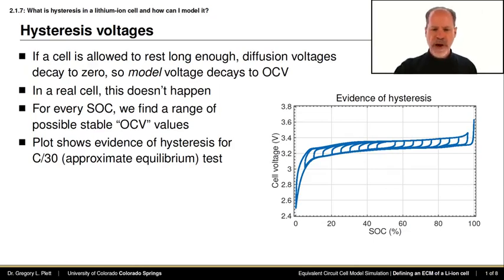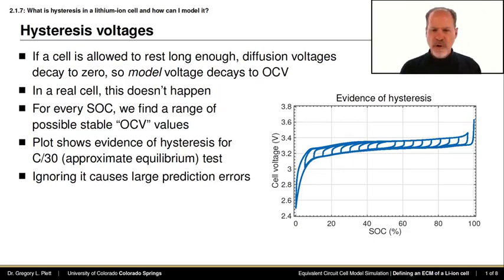So we didn't find an exact open circuit relationship. In fact, we see that there's a range of values for this open circuit relationship. In this case, in the mid-SOC region, between about 3.25 and 3.35 volts, about 100 millivolts difference, which is quite a bit.